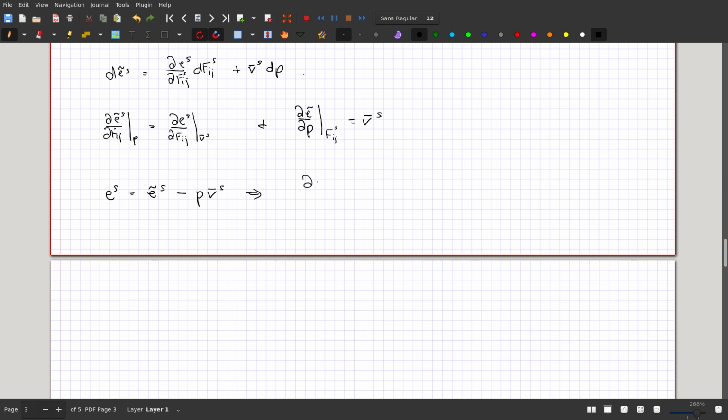So just partial E_S partial F_ij of S holding P fixed.